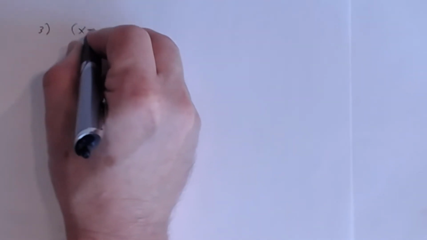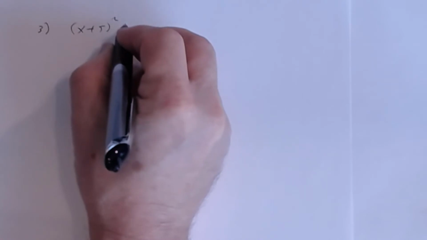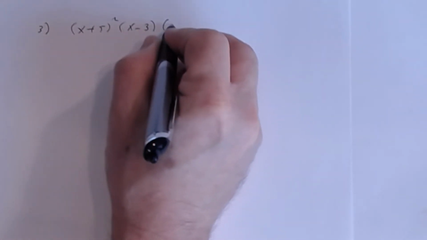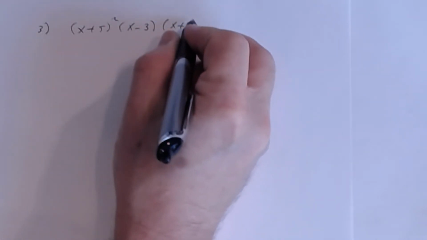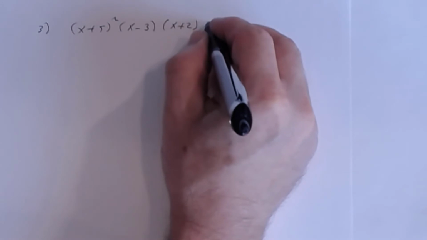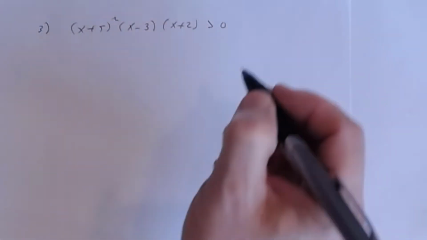Number 3, we have this for number 3. We have x plus 5 squared times x minus 3 times x plus 2 is, let's say, greater than 0.